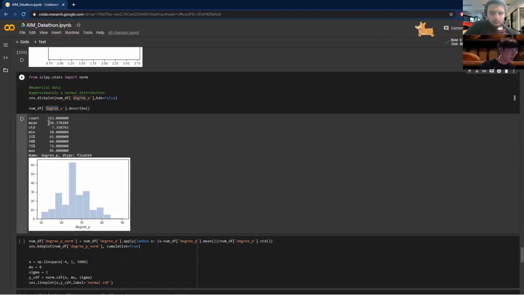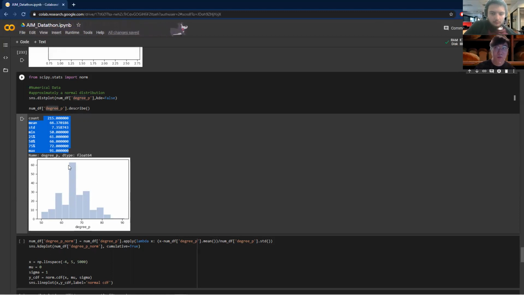If we look at the average of that, we can see it's 66%, which is interesting. It means that on average, people pass, right? That's a good sign. And we can also look at the variance of their data. But once again, looking at this is a bit difficult, so the simplest way to look at that distribution is through a histogram. And this shows a somewhat nice distribution of the data.